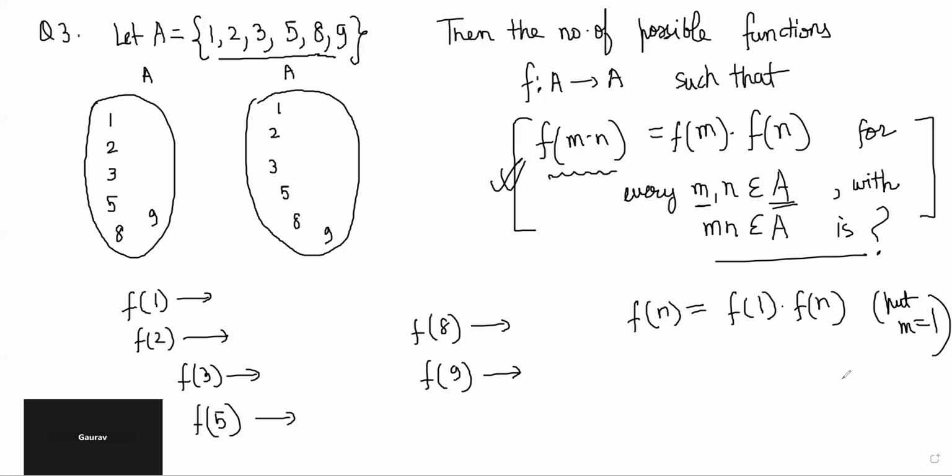What do you mean n can be? From this condition, what have you figured out? From here, the only thing you can figure out is that f of 1 is 1, because f of n cannot be 0.